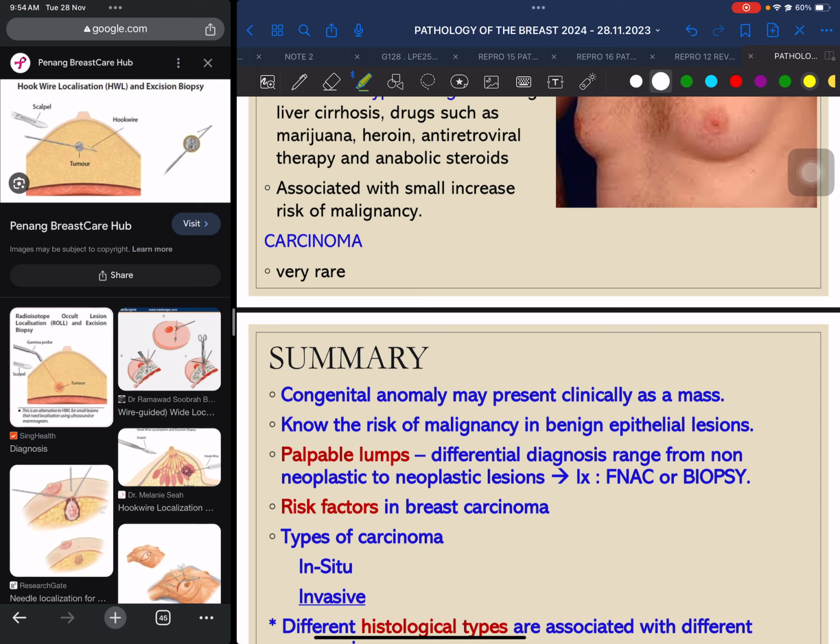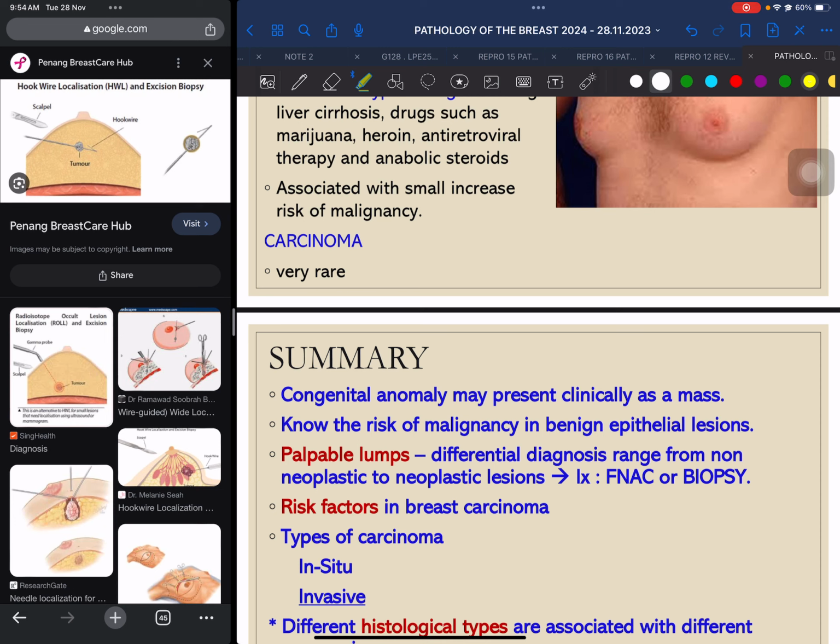And usually they tend to be associated with hyperestrogenemia, for example, in cases like liver cirrhosis, in those who use drugs such as marijuana or heroin, or they are on antiretroviral therapy, or patients who are on anabolic steroids. So you can get this gynecomastia. They are associated with a small risk of malignancy, and cancer in the male breast is very bad, but they do occur.